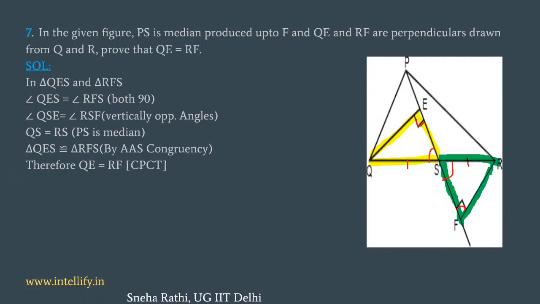Now QS is equal to RS as PS is the median. So by AAS, angle angle side congruency, triangle QES is congruent to triangle RFS. So by CPCT, corresponding parts of congruent triangles, QE is equal to RF because it is the corresponding side of the congruent triangle.